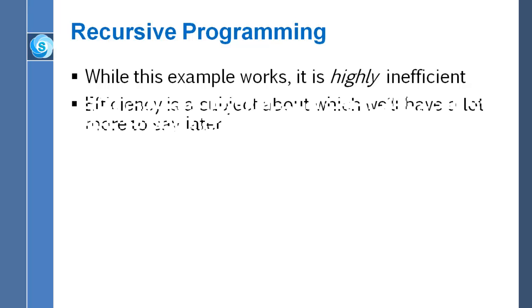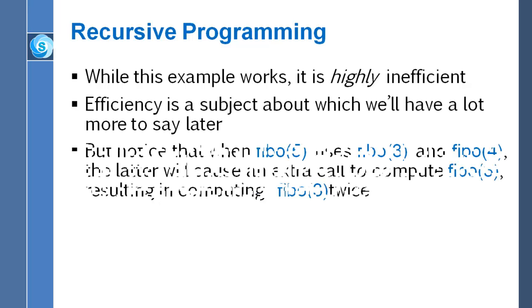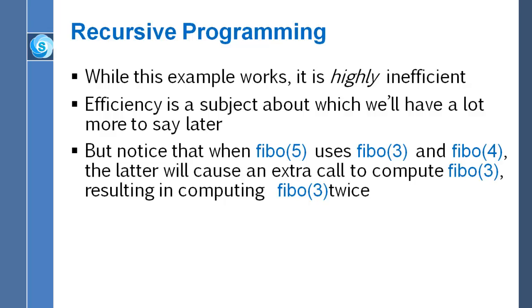Let's think about it. When we're computing Fibo of 5, Fibo of 5 makes recursive calls to compute Fibo of 3 and Fibo of 4. All right? But Fibo of 4 also makes recursive calls.